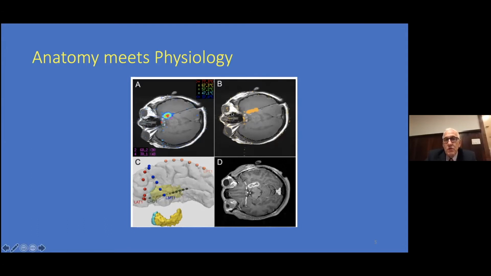This allows you to monitor the temperature on A, to look at the lesion that develops whilst continuously scanning the MRI, which is B. And this is based on what we've done before, where we put multiple electrodes in this area and figured out where exactly the seizure comes from. And only that area is ablated.